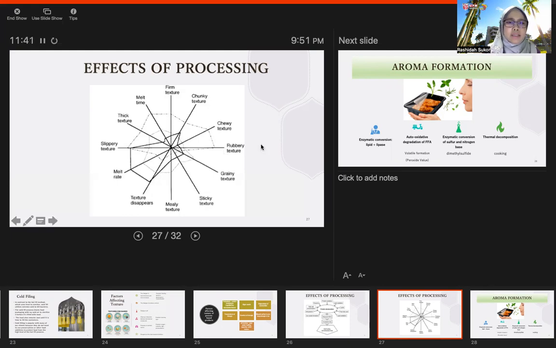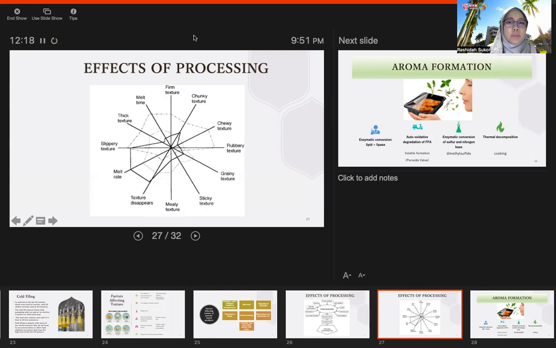Okay. So if the web goes out, that means the value, this one is high value. If you go here, this one is lower value. Okay, so this is the effect of processing. You can have firmer texture, you can have chunky structure, chewy texture, rubbery, grainy, whether it is sticky, whether the texture disappears, or the melt rate, or slippery texture, or thicker texture.